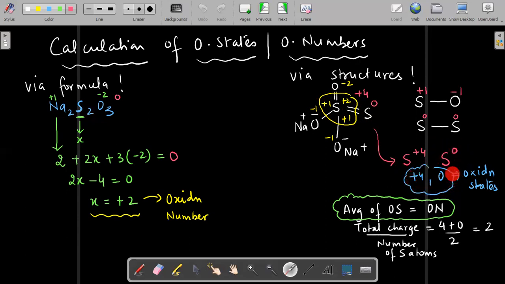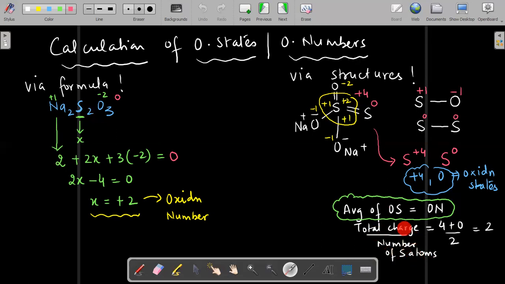So this +4 and 0 that you have calculated via the structures are the oxidation states. Okay? और इन्हीं ऑक्सीडेशन स्टेट्स का अगर मैं एवरेज निकाल लूं तो I get my oxidation number. Now how do we calculate the average? Total charge upon total number of atoms.